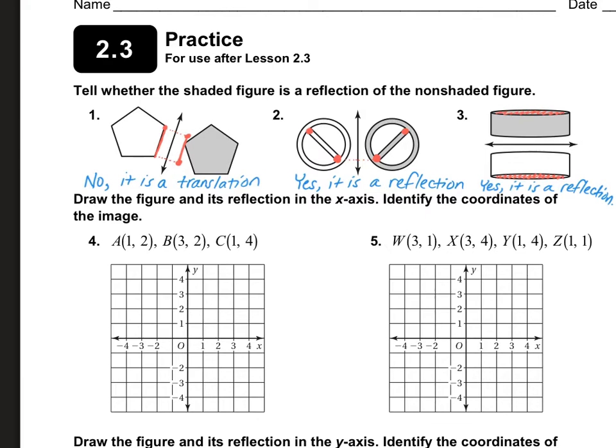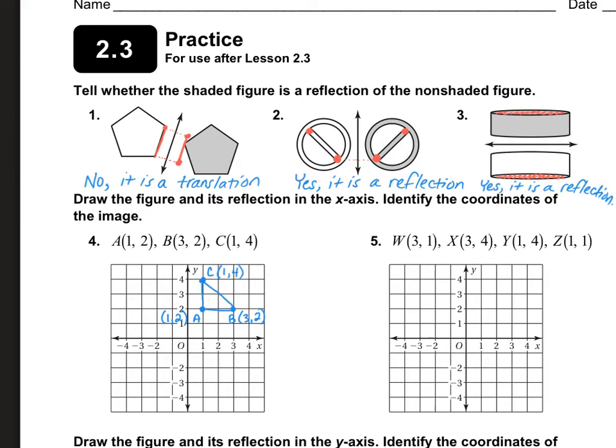A is 1, 2, so we're going to go over 1 and up 2, and it lives there. Letter B is 3, 2, so we start at the origin, go 3 on the x, and then up 2 on the y, so B lives here. And C is at 1, 4. So we start at the origin, go over 1 on the x-axis and up 4 on the y-axis. So C lives here. And I went ahead and connected my points so that now I have my triangle.